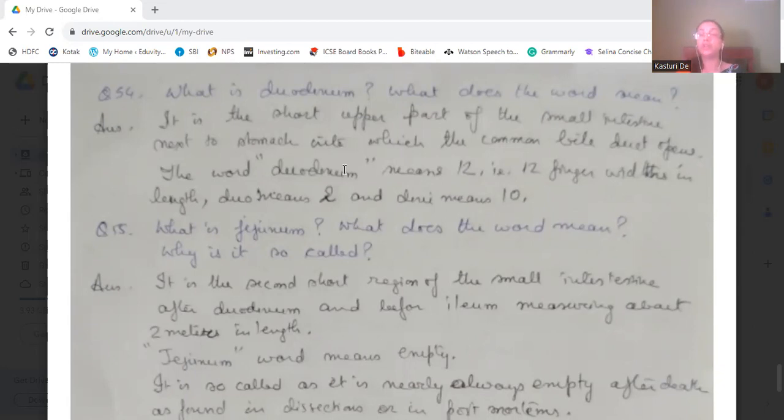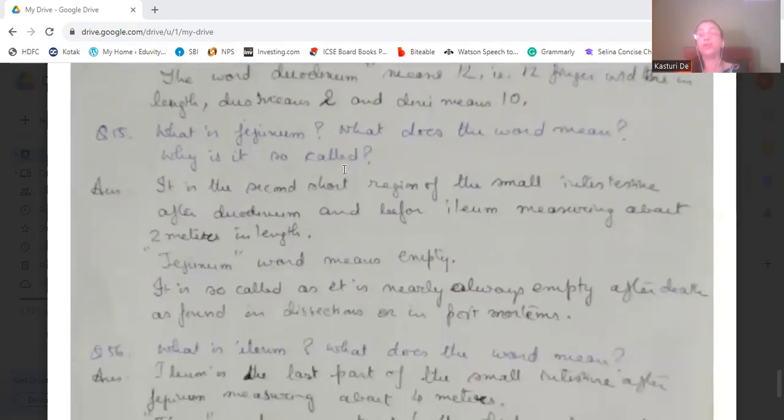Now, what is jejunum and what does the word mean? Why is it so called? It's the second, shorter region of the small intestine after duodenum and before ileum. It measures about 2 meters in length. And the word jejunum means empty. It is so called because it is nearly always empty after death, as found in dissections or in postmortem.